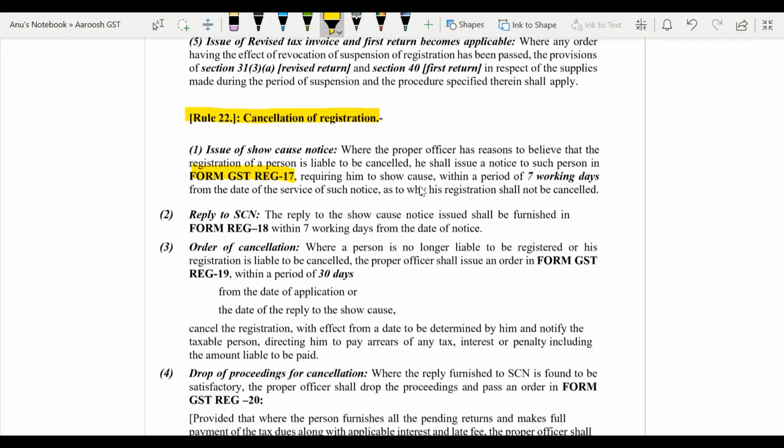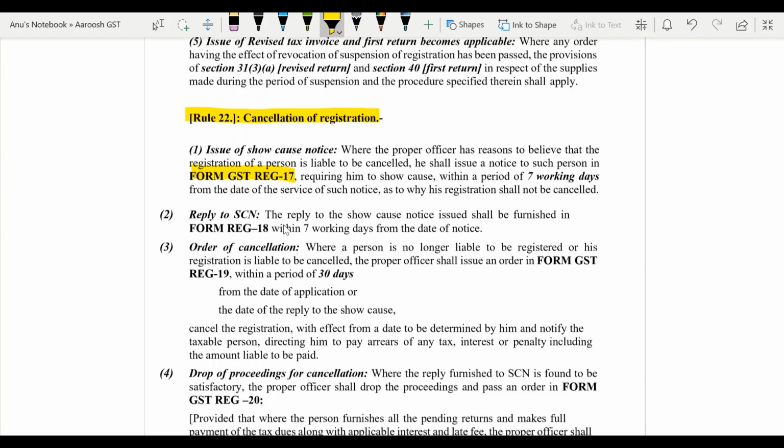So we discussed this above also, where we said that a person who has a business has an opportunity to explain why his registration should not be cancelled, and he or she should fill that in Form GST Reg 17 to give reasons on why his registration should not be cancelled or suspended.